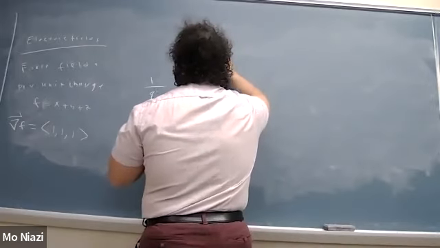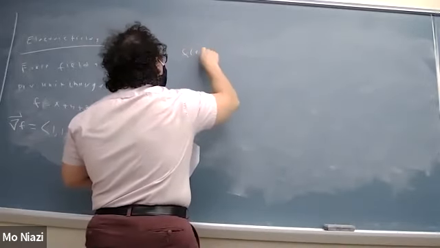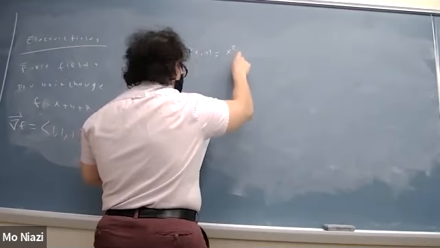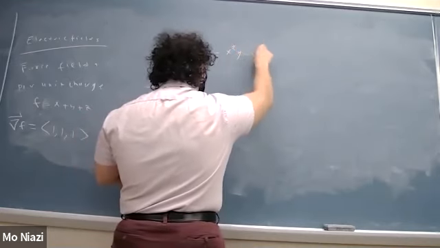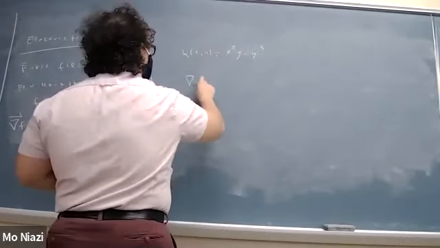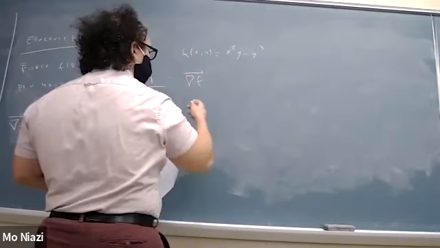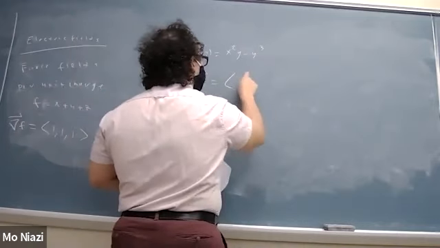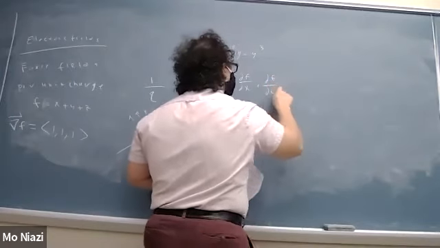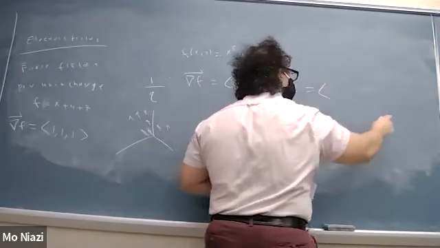Let's say we want to find the gradient field for some function. Okay. Well, the gradient of this ends up equaling a vector.